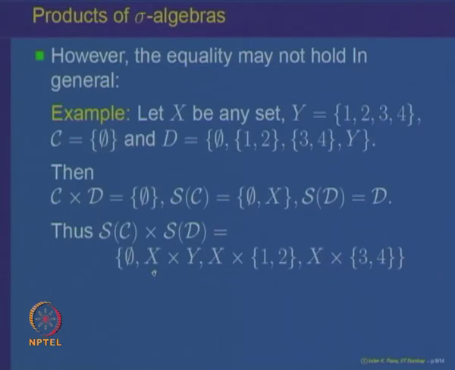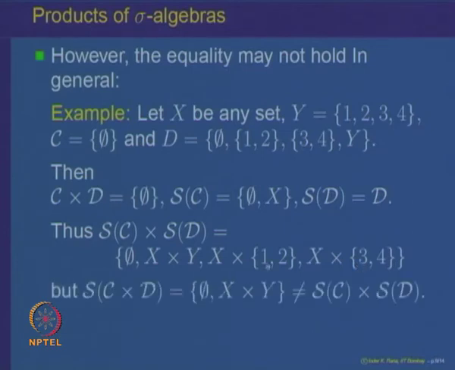So, there are at least the sets: the empty set, the whole space, and the sets of the type X cross the 2-element set {1, 2} and X cross the 2-element set {3, 4}. And of course, this is not going to be equal to S of C cross D. So, even S of C cross D is not equal to S of C times S of D.